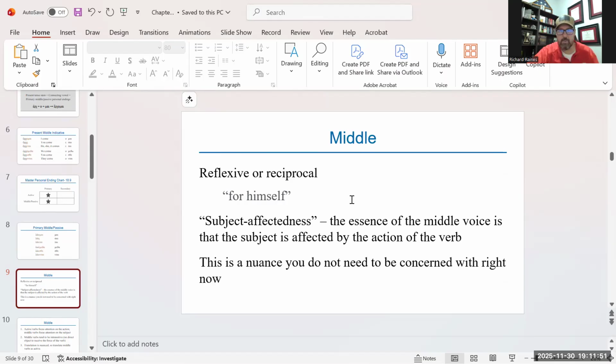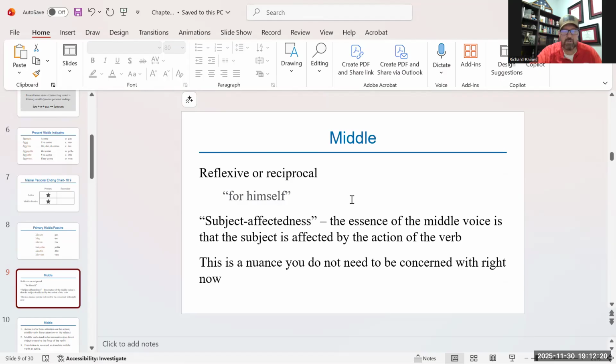So the essence of the middle voice is that the subject is affected by the action of the verb. So it's really nuanced, and it doesn't really impact what you are doing right now. And so I want you to know that the middle voice has some nuance when you begin translating the biblical text.